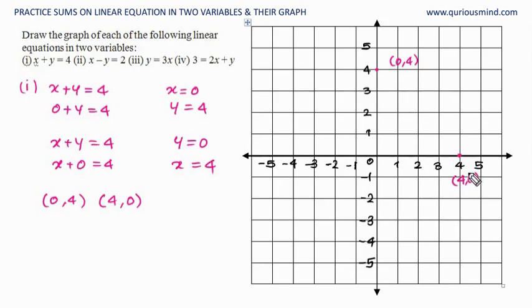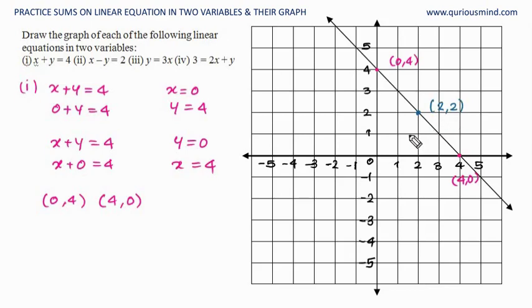And now we will join these 2 points to form a line. And this is the graph of x plus y is equal to 4. We can cross check whether it is correct. If you see there is a point here, let me denote with a different color. So this point here is on the graph and that point is (2, 2).